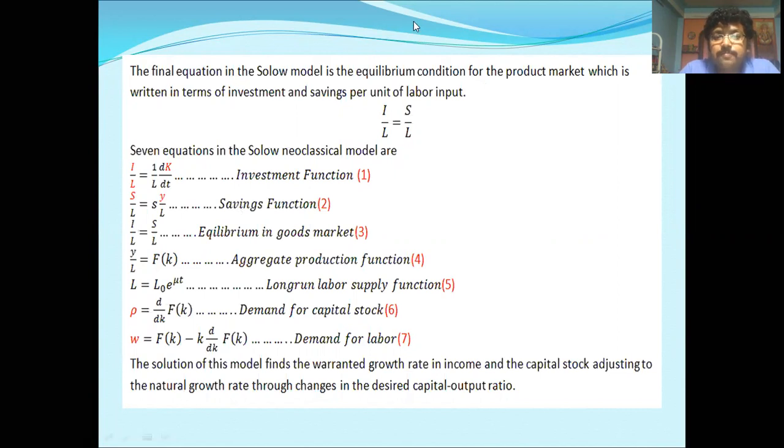So this is the investment saving equalization. This is the equilibrium condition in the product market: investment per head and savings per head.